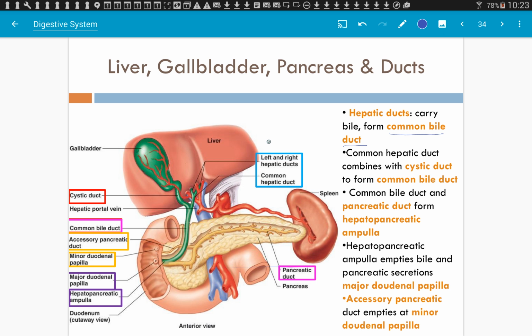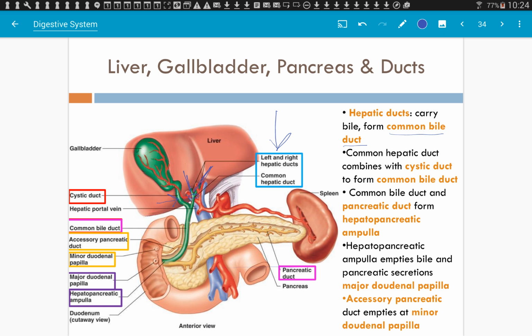So right here, you have a left and right hepatic duct, so one here, one here. They join together right here to form the common hepatic duct. Then it joins up with the much larger cystic duct. You see that?